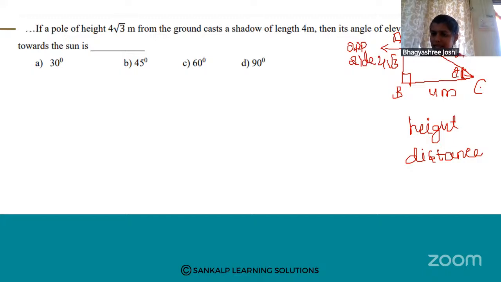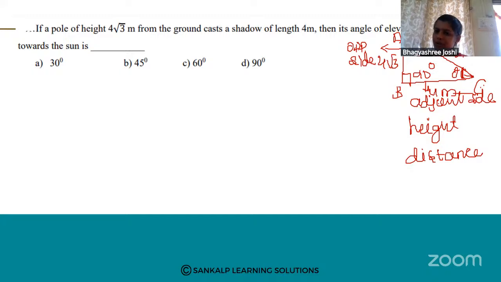And the line where angle theta and 90 degree lie, that particular line we call the adjacent side. So here AB is the opposite side, AC is the hypotenuse, and BC is the adjacent side.